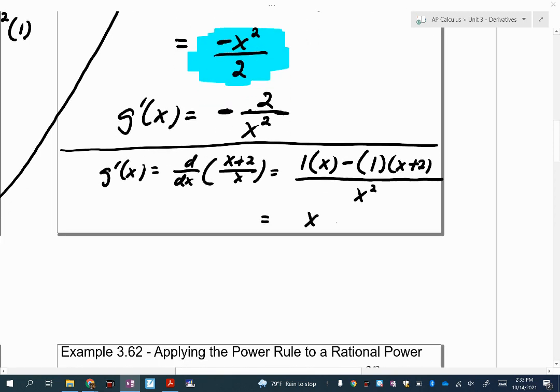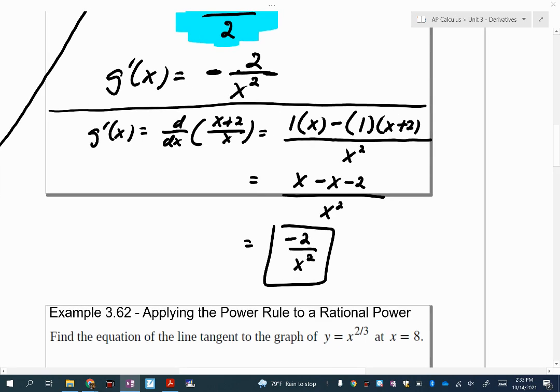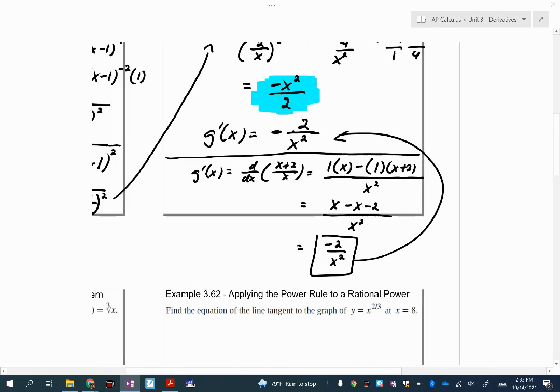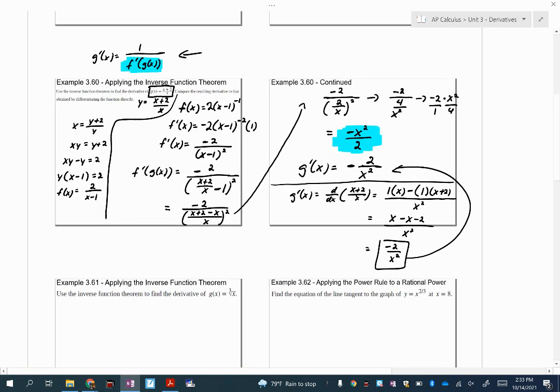So that's going to be x minus 2, all over x squared. X minus x is 0, so that's going to be negative 2 over x squared. So we got the same thing, right? The same thing that we found there. All right, so again, there's a lot going on here in terms of using those formulas, but wanted to loop it back so you could see that we found the same thing.